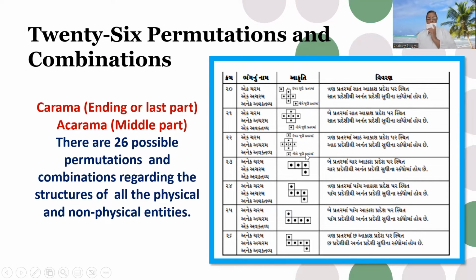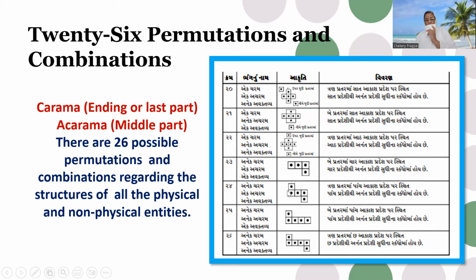So these different structures are also here. If the object is made of almost 7 atoms, but one atom is separate from it, then you can see that these 2 atoms are in the middle and the other ones are the endings. Similarly, here you can see these different structures.